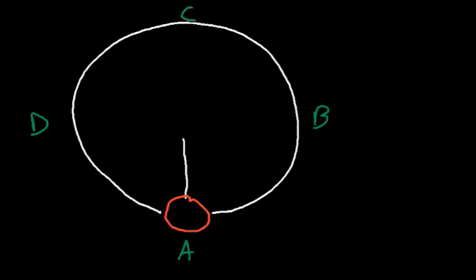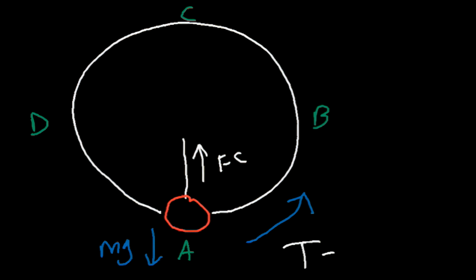But at point A, if you want to lift it from point A to point B, not only do you have to support the weight of the ball, but you must also provide the centripetal force to turn it in the upward direction as you move from A to B. So the ball is going to feel the heaviest at point A. Therefore, at point A, the tension force is the sum of the centripetal force and the weight force.